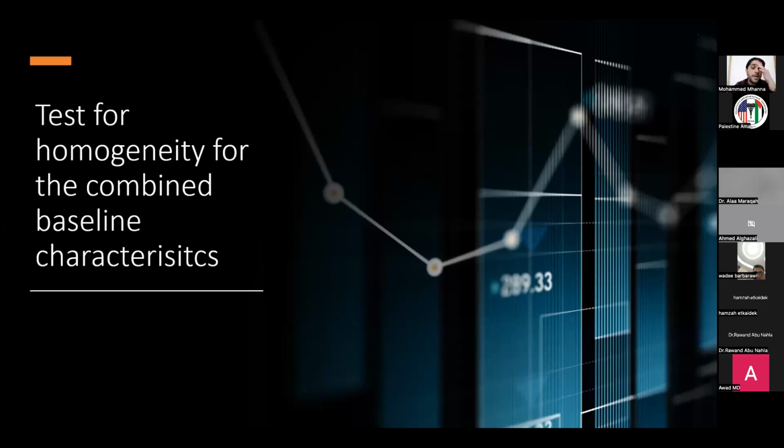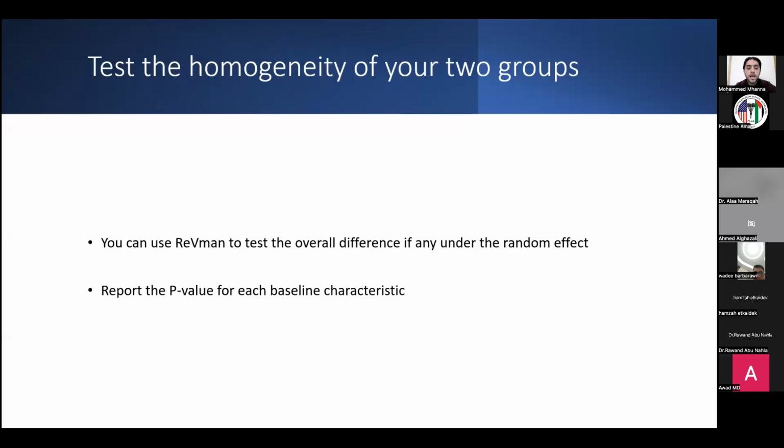Now you may need to test if there is any difference between your two groups in terms of their baseline characteristics. You can do it with RevMan, the Review Manager. This is one of the programs that we use to run our main meta-analysis, but you will learn more about this with Aziz in the last two lectures.